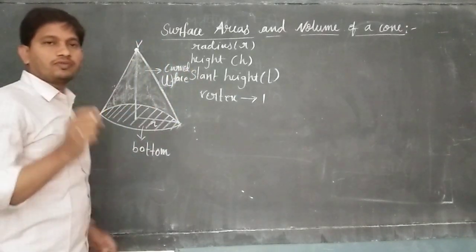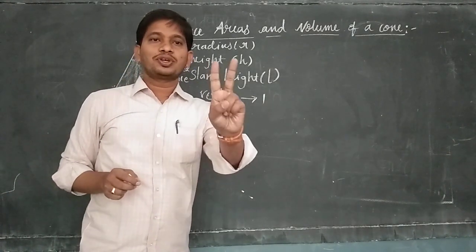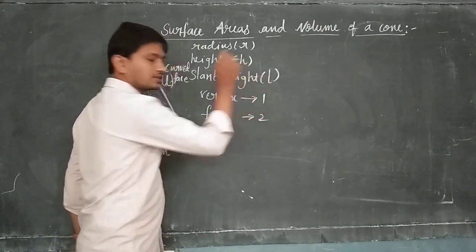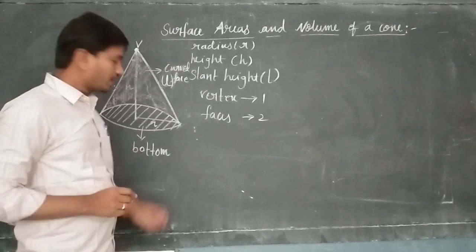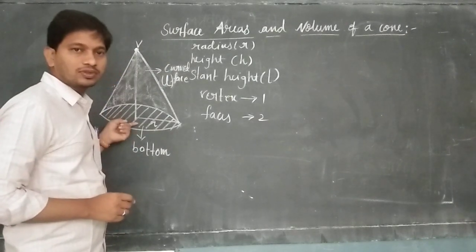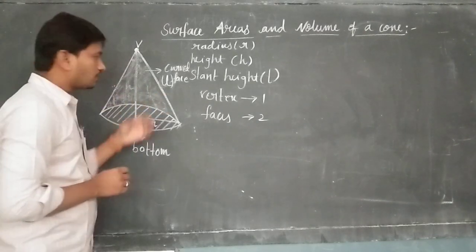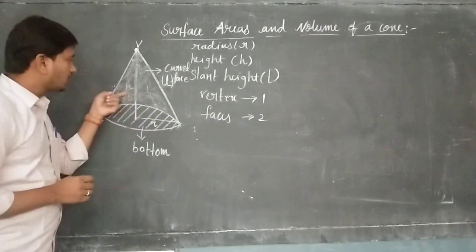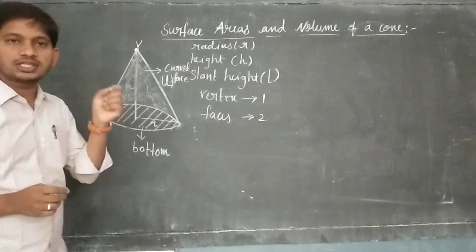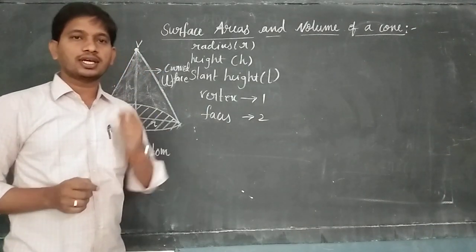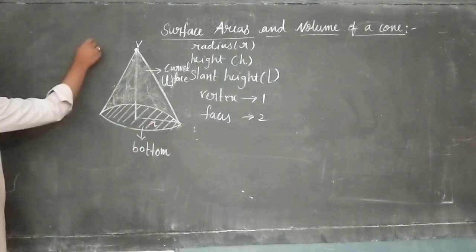For a cone, we have two faces. One is circular in shape. And what about this curved face? If you observe, this curved face is in the shape of a sector. Let me draw.